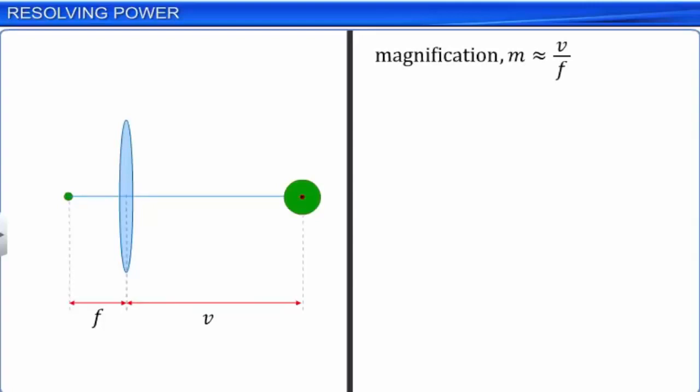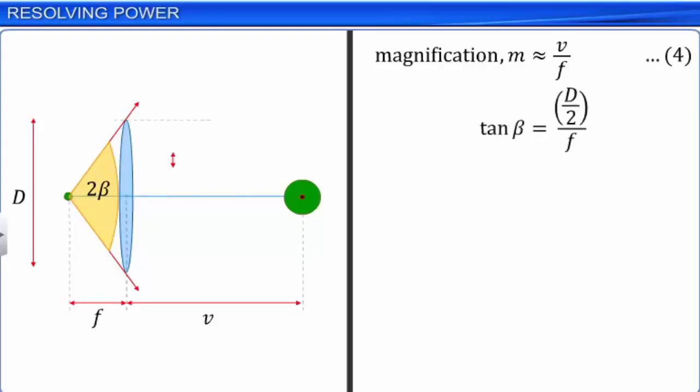Let this be equation 4. If d is the diameter of the objective lens, and 2 beta is the angle subtended by the objective lens at the focus of the microscope, then, from the figure, tan beta is approximately equal to d by 2 by f. Therefore, d by f is approximately equal to 2 tan beta. Let this be equation 5.